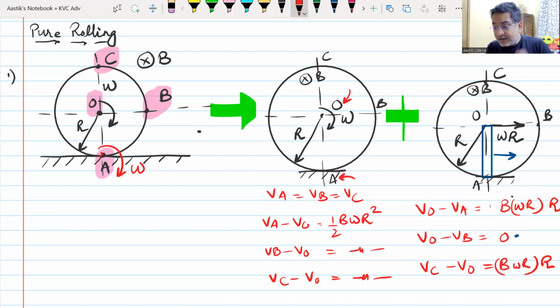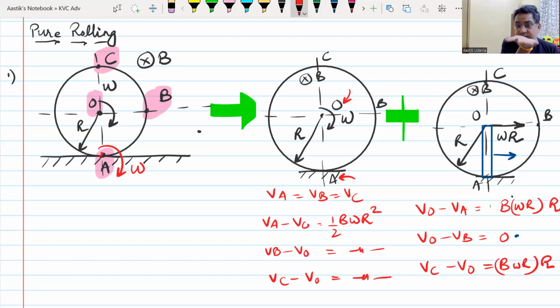Now, taking it as pure rotation about the point A, you can find out the potential difference between A and any point. Because of pure rotation about the point A, it is moving like this, so you can take it as a rod moving like this.